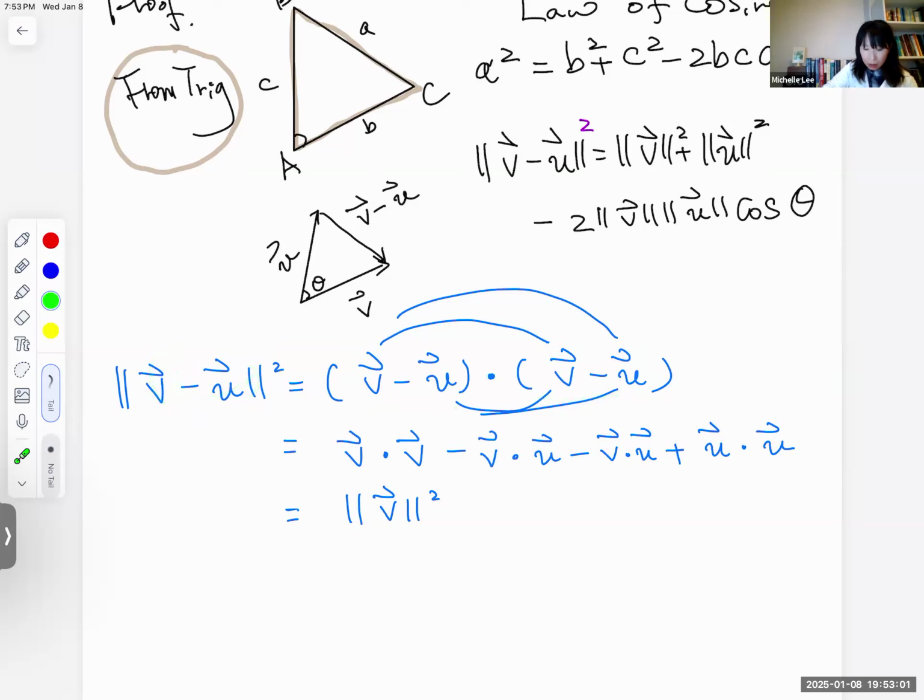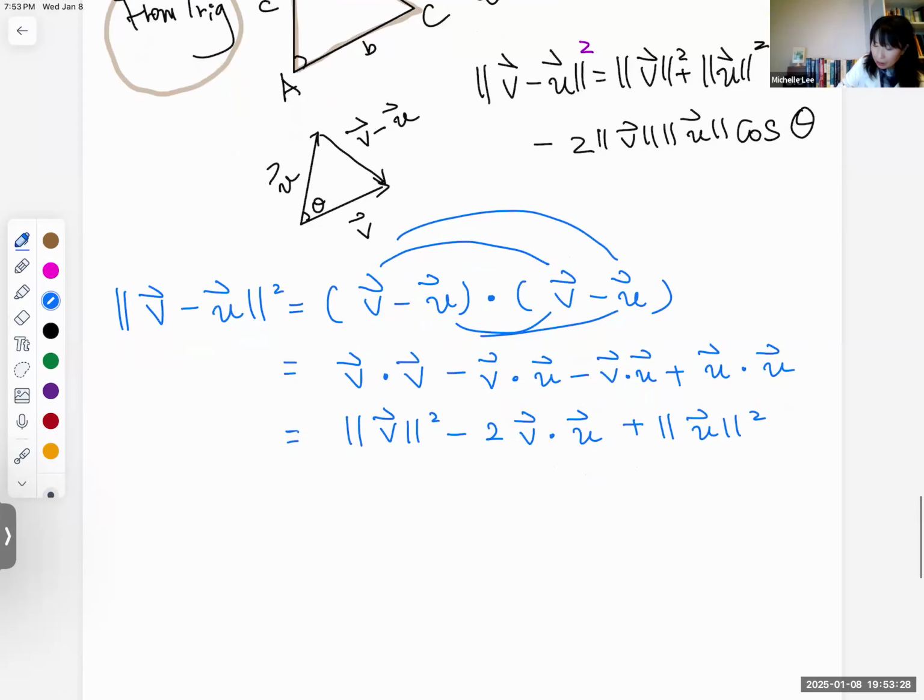Okay. Now this one will be, we have two of them. So we express minus 2 v dot u, right? And then the last term, we get the magnitude of u squared, right? Yeah, that's it.